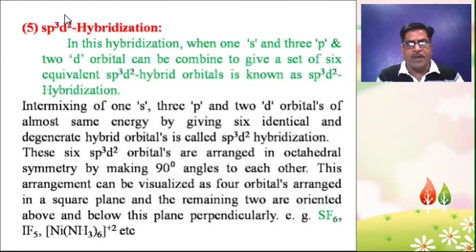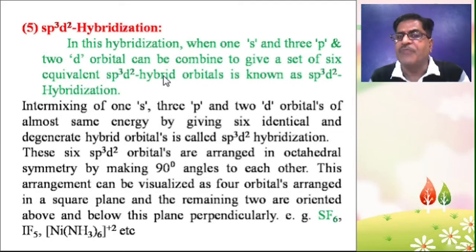How many total electron pairs will there be? 3 plus 2 is 5, and with the s, 6. So there are 6 electron pairs. Observe the shape of, for example, SF6. This type of molecule is an example of sp3d2 hybridization and the shape is octahedral.